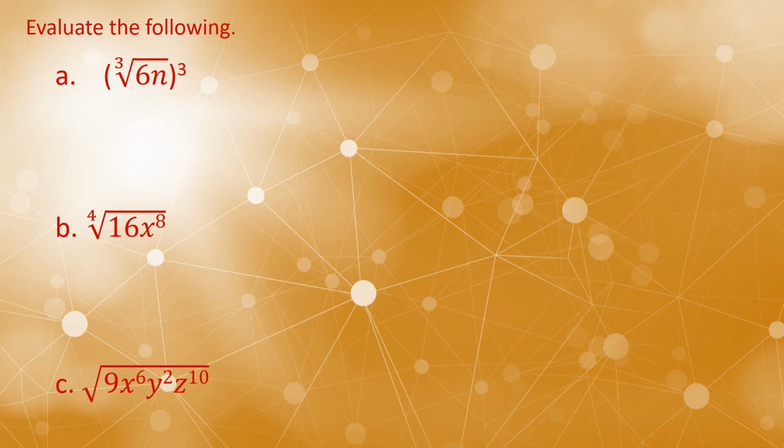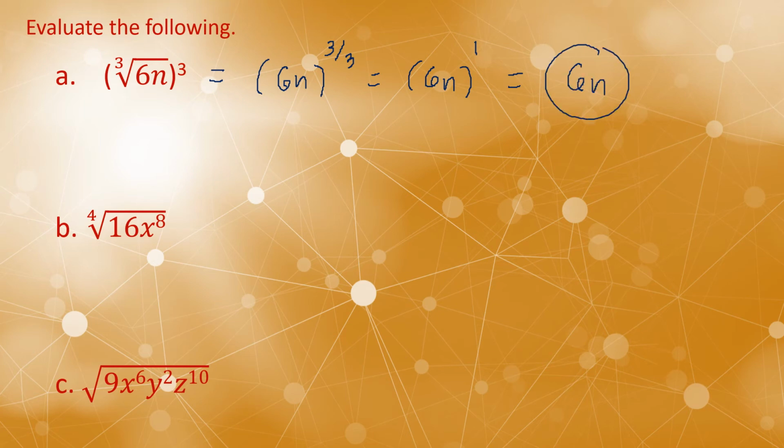For the first one, we have the cube root of 6n raised to the third power. First, we will rewrite this in exponential form. So we're going to have 6n quantity raised to 3 over 3. We know that 3 over 3 is equal to 1.